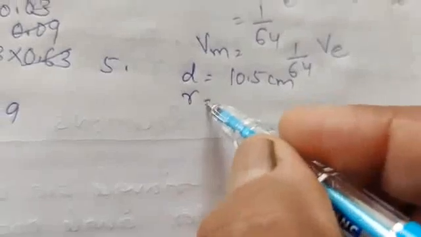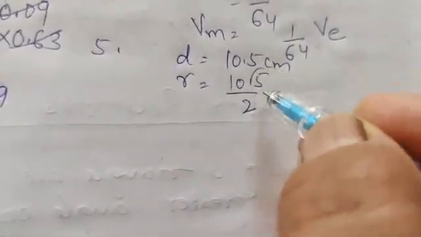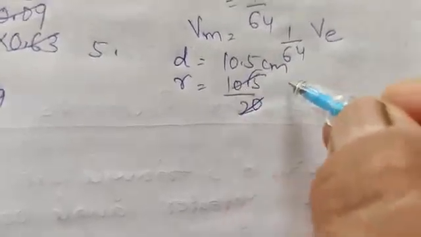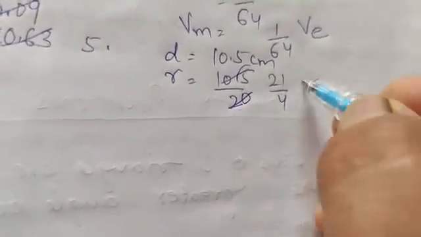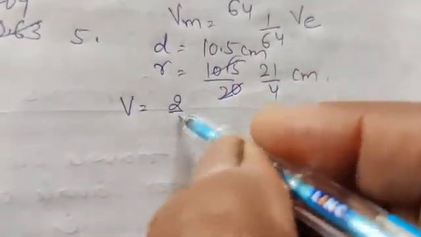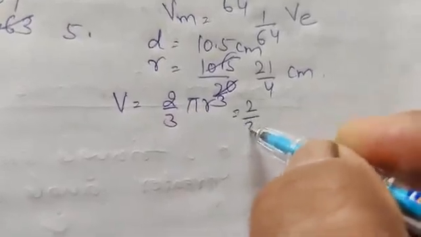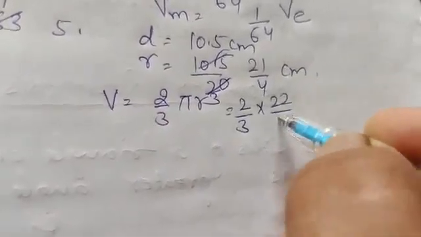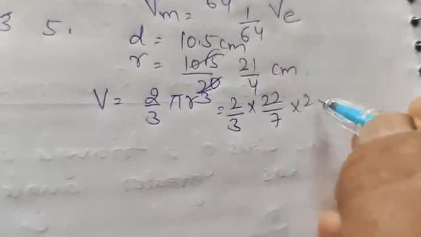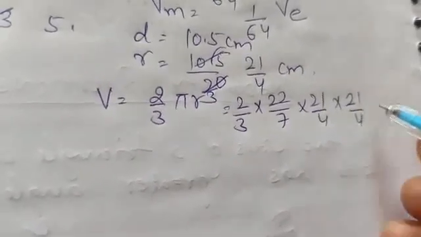It means radius is 10.5 by 2, in fraction 21/4 centimeter. Now volume of hemisphere is 2/3 pi r cube. 2/3 pi is 22/7 and r is 21/4 cube, means multiplied 3 times.